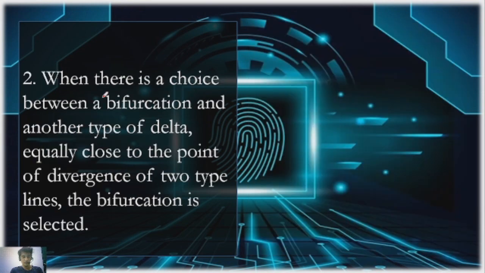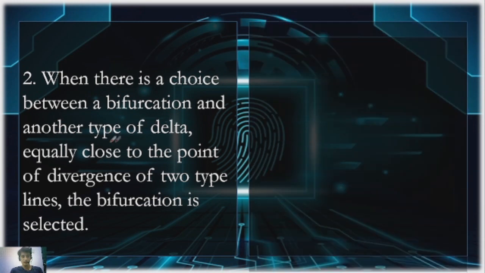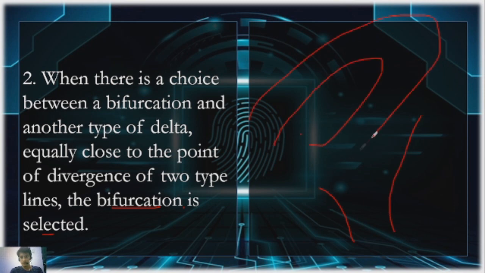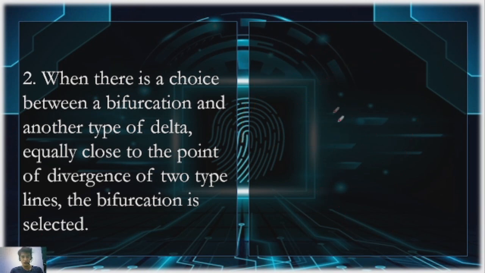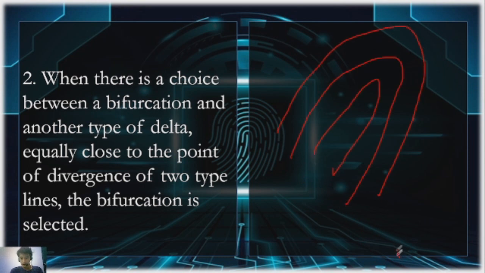Okay, next in here is when there is a choice between a bifurcation and another type of delta equally close to the point of divergence of two type lines, the bifurcation is selected. So let's say again, in the point of divergence, we can see... medyo pangit yung drawing natin. So, palitan natin. So, let's say again, in this certain loop pattern, okay, and with that, we have here the divergence.